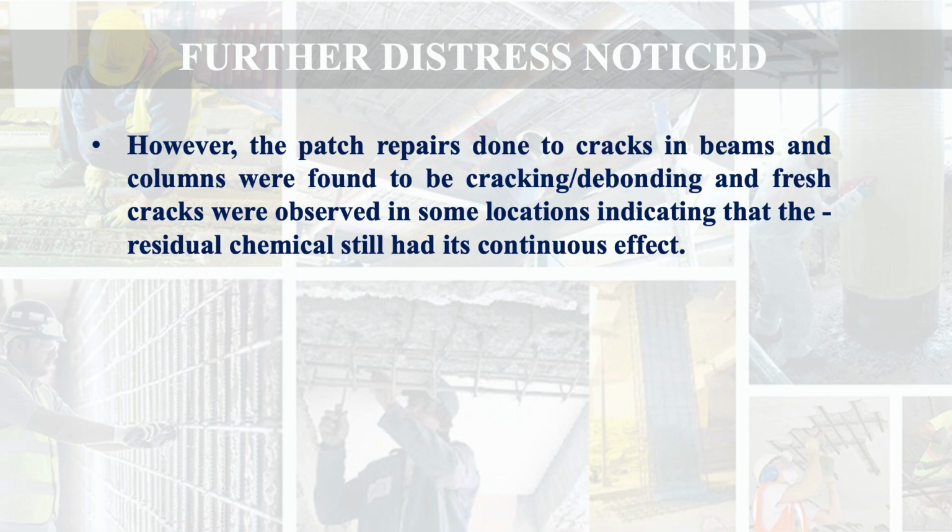However, the patch repairs done to cracks in beams and columns were found to be cracking and debonding, and fresh cracks were observed in some locations, indicating that the residual chemical still had its continuous effect.